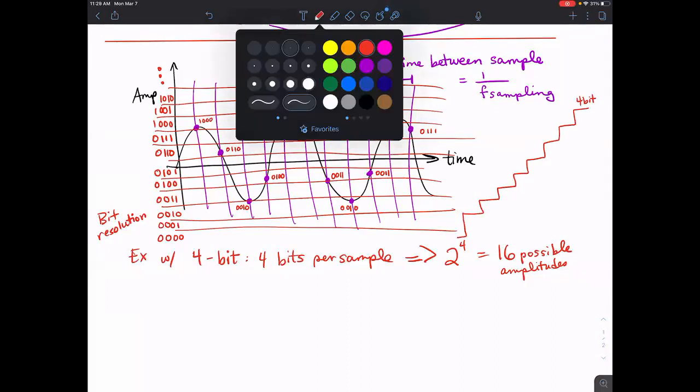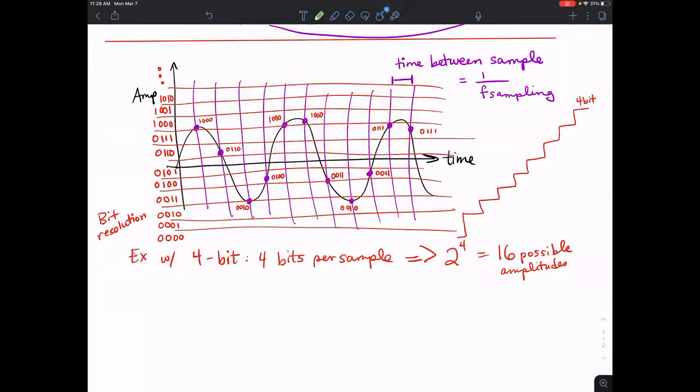But an 8-bit staircase would have 2 to the 8th, or 256, possible amplitudes, so essentially 16 for each of these. I'm not going to draw all 16, but it makes a much finer stair step of possible amplitudes that you can assign. That's what it would be like for the 8-bit signal.